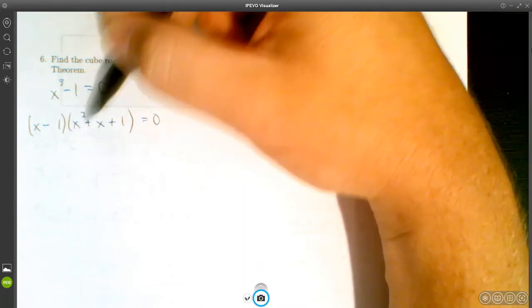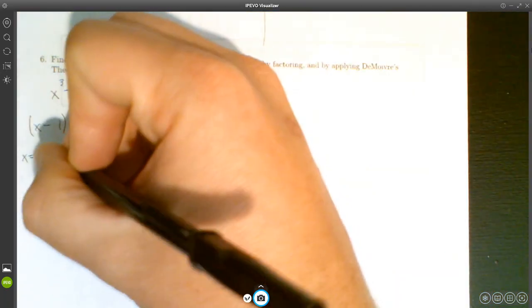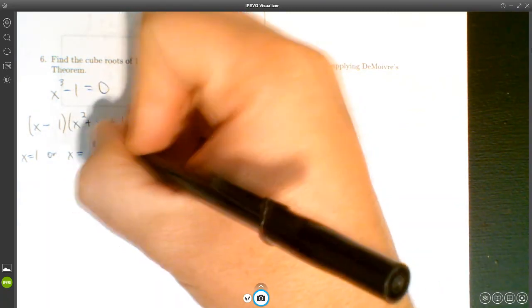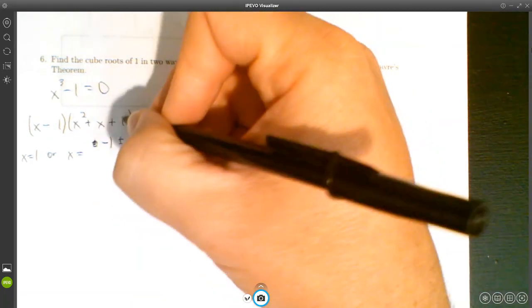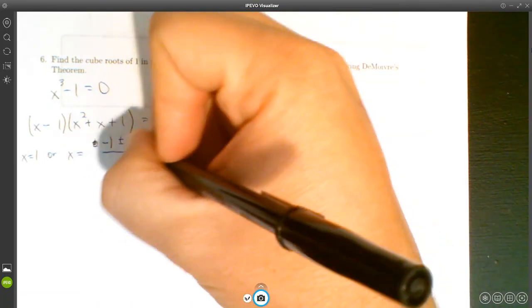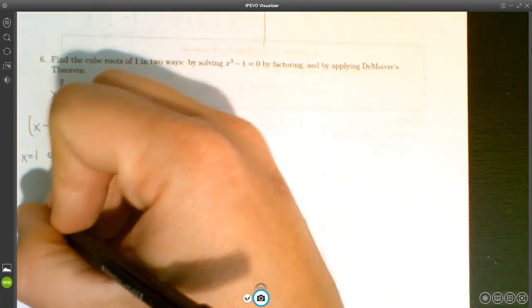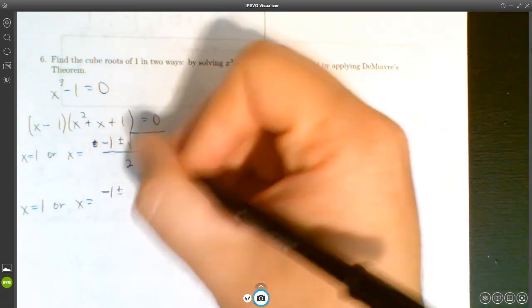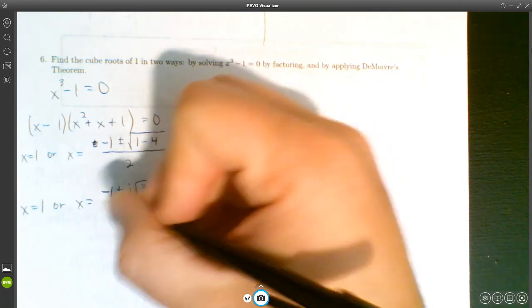The other 2 zeros are going to come from this equation here, which we can't factor, but we can use the quadratic formula. So we can say x equals 1, or x equals negative b plus or minus the square root of b squared minus 4 times a times c over 2 times a. So in other words, x equals 1, or x equals -1 plus or minus the square root of 1 minus 4, which is -3. Square root of -3 would be I root 3, over 2.